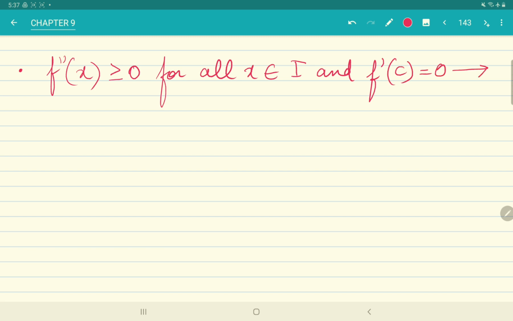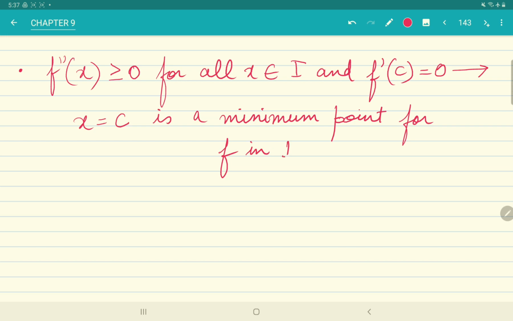That just means x is equal to c is a minimum point for f in I.